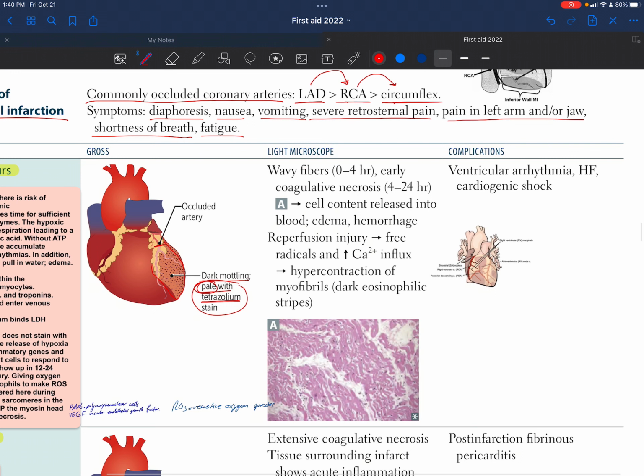So that's for the gross appearance, while under light microscope we can find wavy fibers. They start to happen from 0 to 4 hours only.